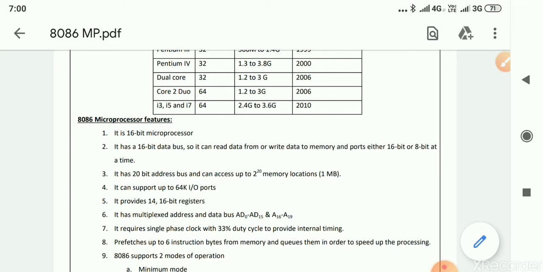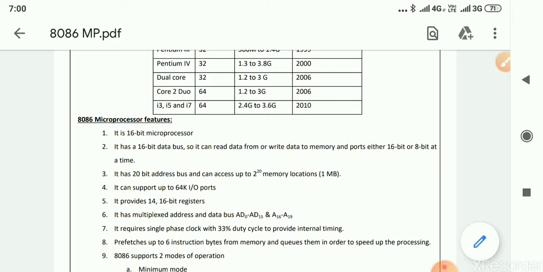Size of the address bus in 8086 will be 20 bit, meaning the maximum memory it can interface is 2 to the power 20. Okay, so 2 to the power 20 is equal to 1 megabyte, that is 1 MB.